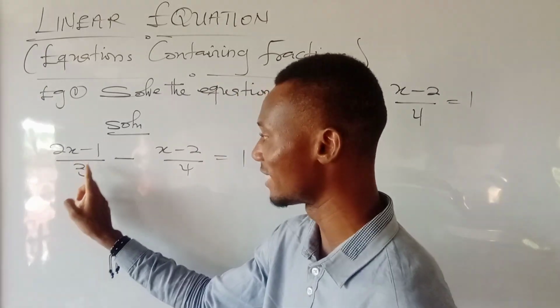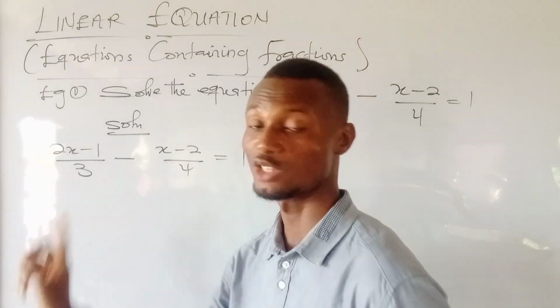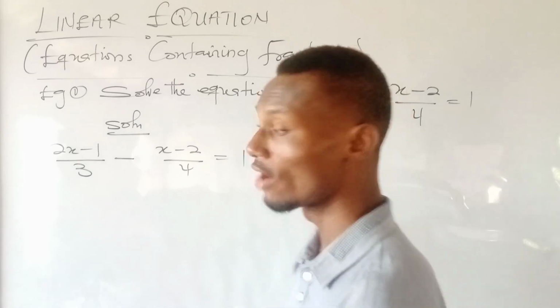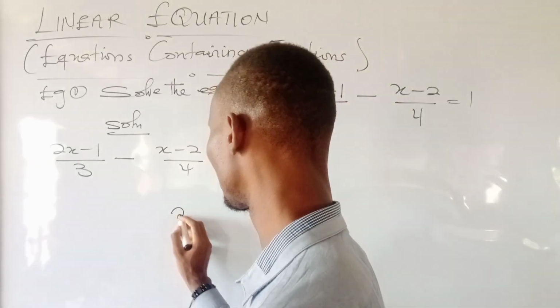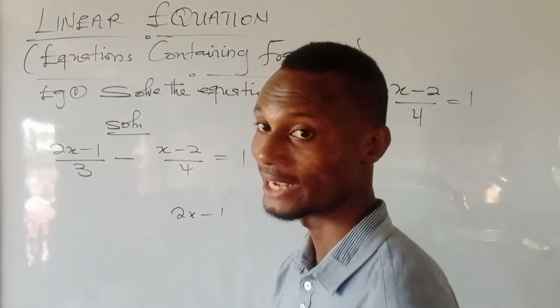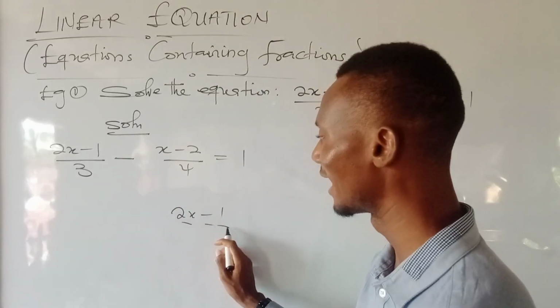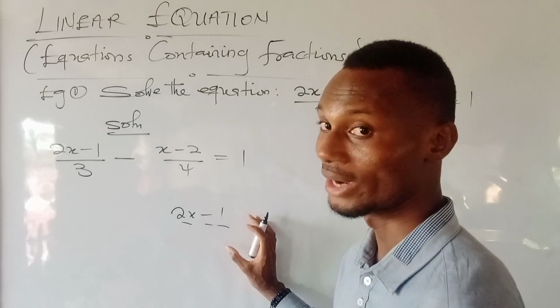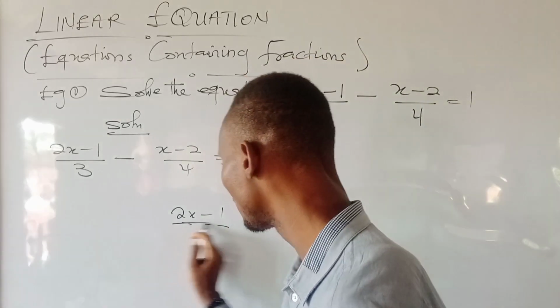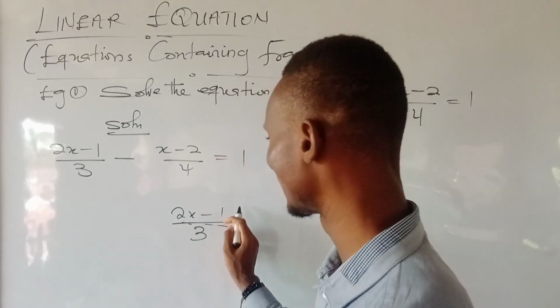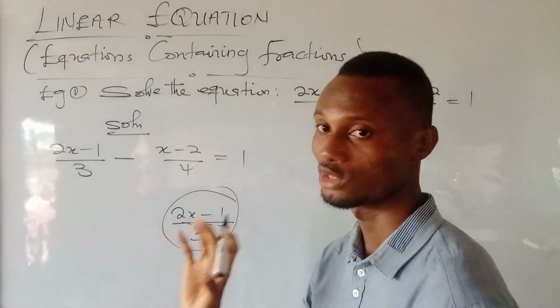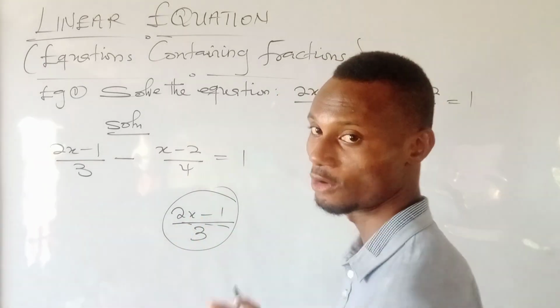Because all of it is being divided by 3, it makes it one term. If it was just 2s minus 1, then this is one term and this is another term, so it becomes 2 terms. But because it is all being divided by 3, the whole of this is considered as one term. So don't get confused about it.